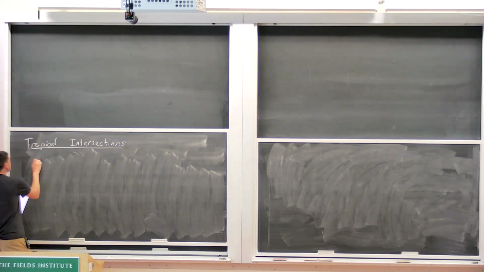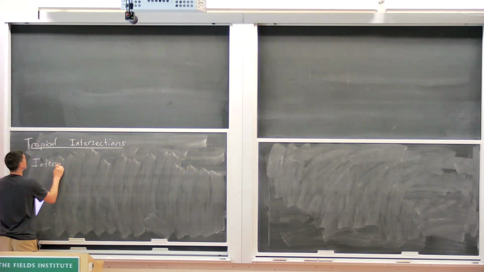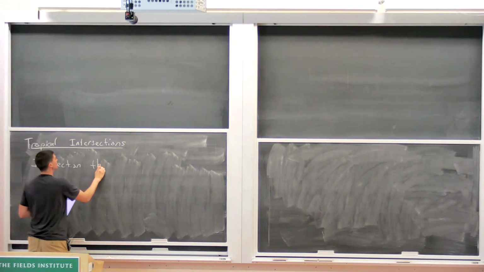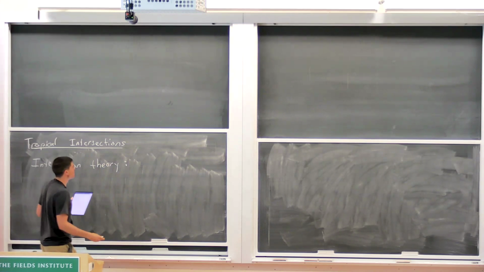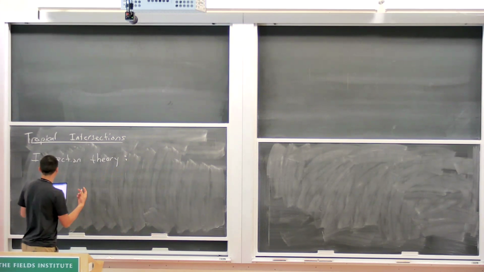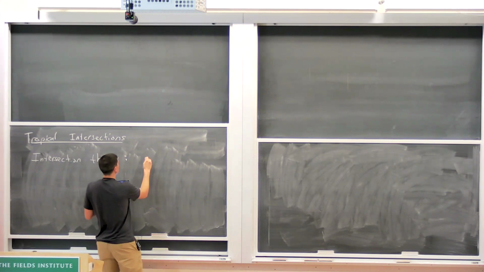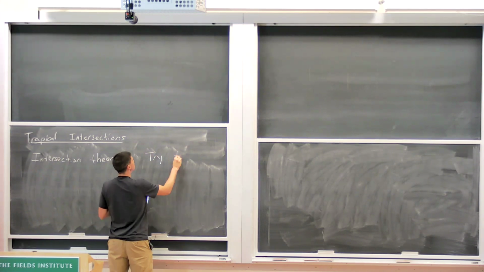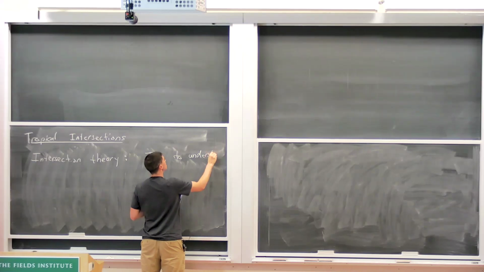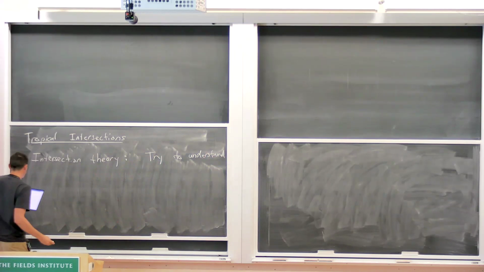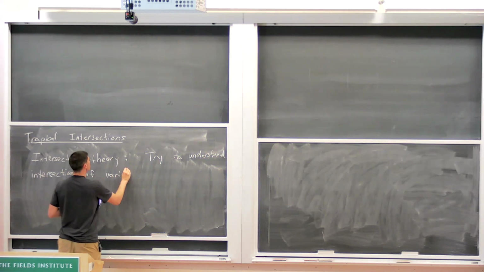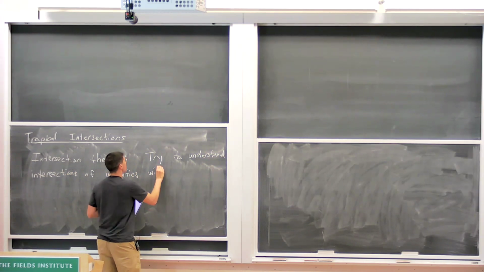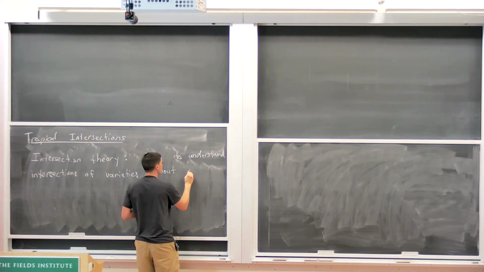So first of all, what is intersection theory? In algebraic geometry, it is the study where you try to understand intersections of subvarieties of some ambient space, intersections of varieties, without actually computing them.